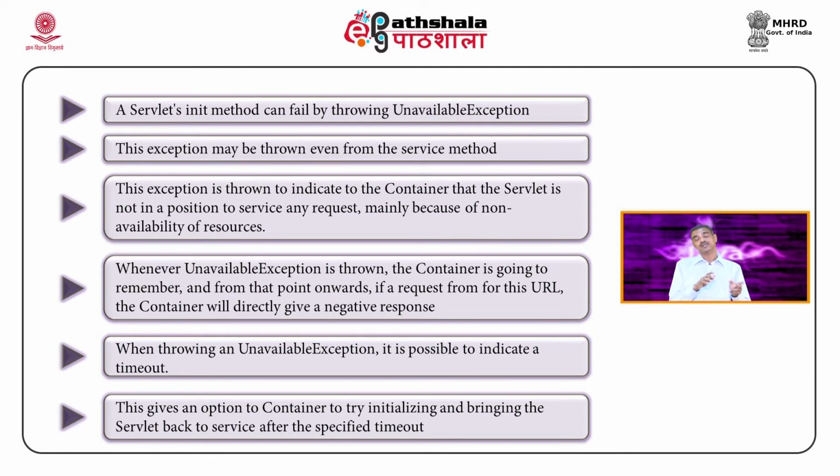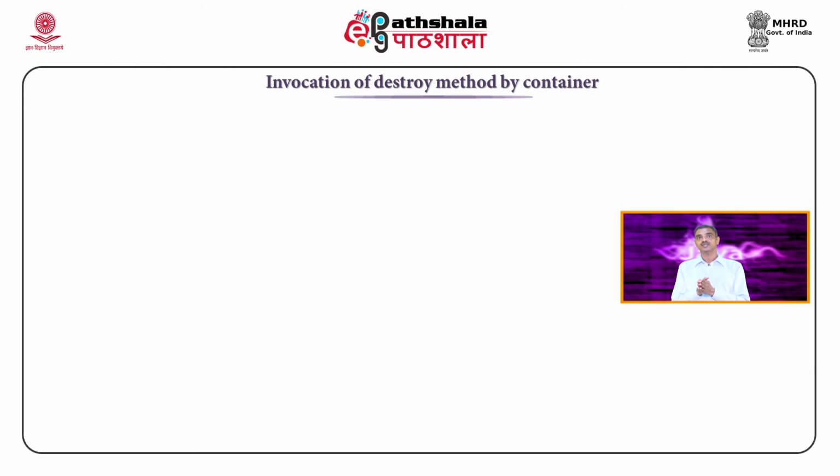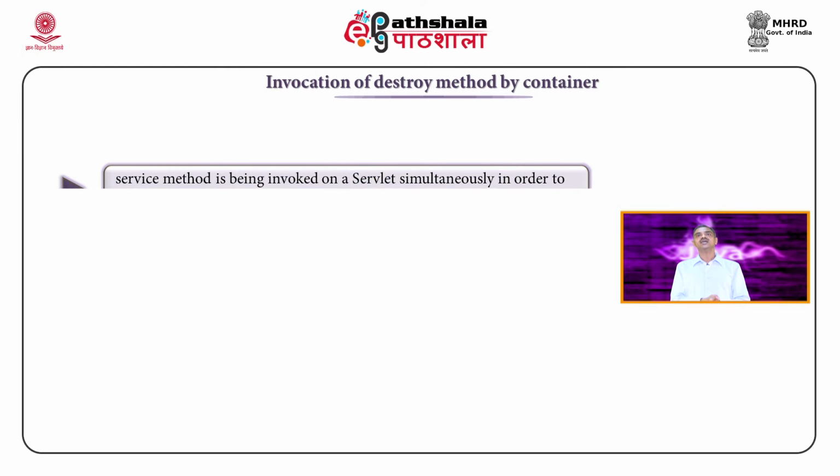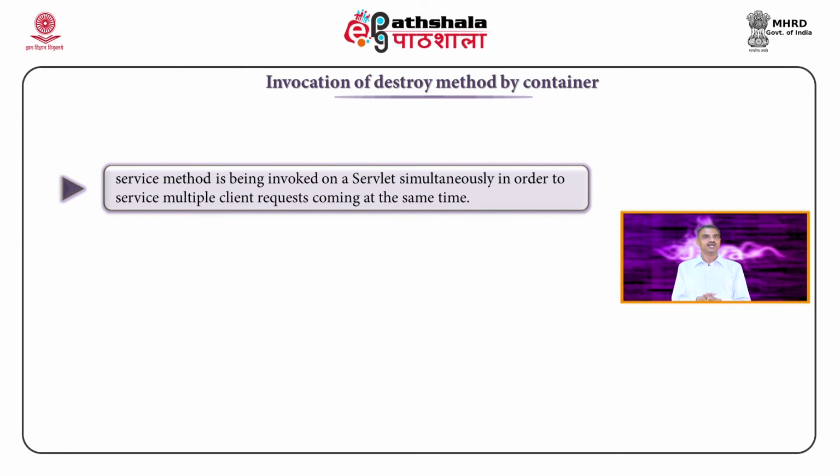Okay. Another important point related to the destroy method. We have multiple clients accessing our servlet simultaneously. That means we have simultaneous invocations of service methods taking place on our single instance of servlet.